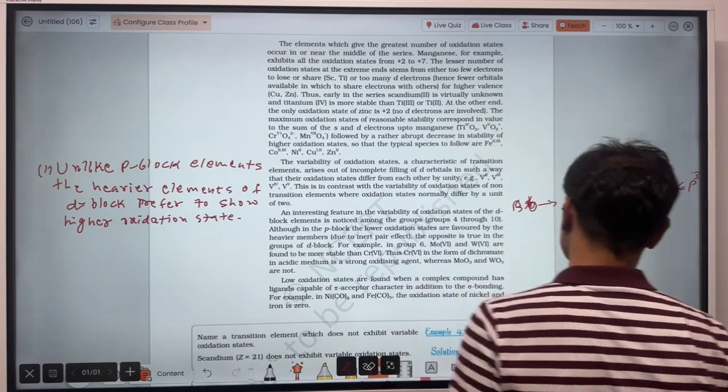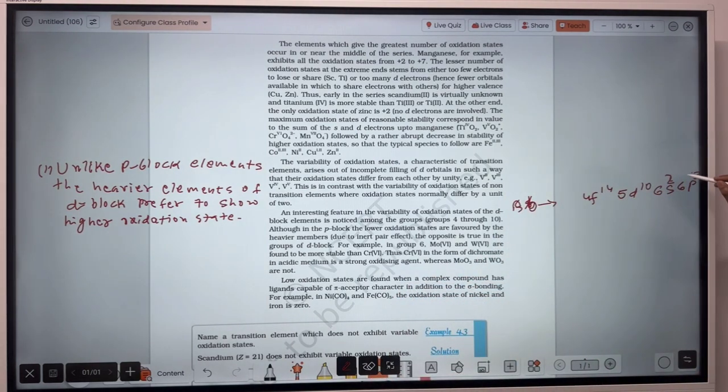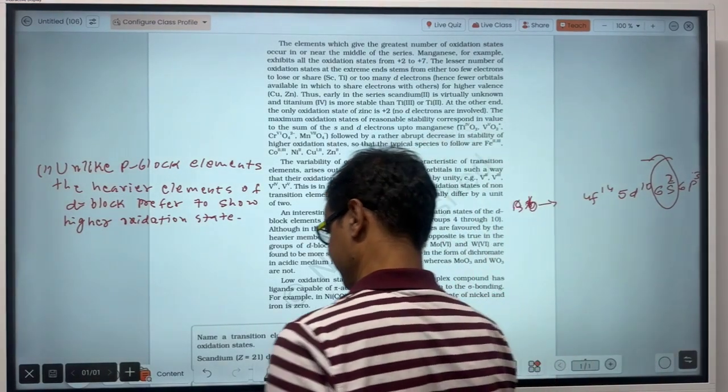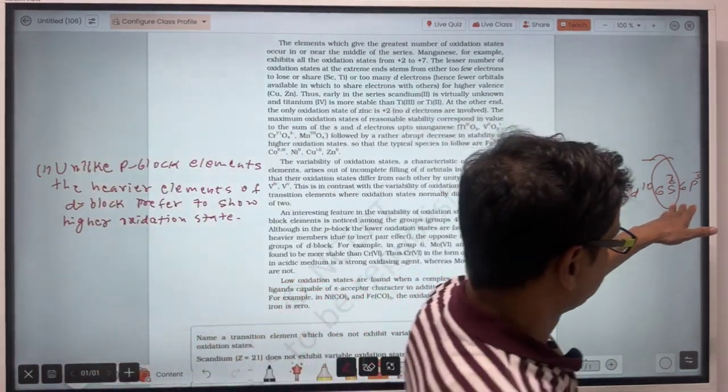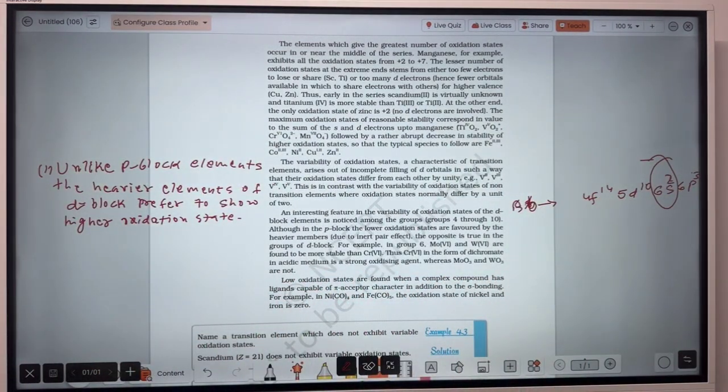So what happened here? In this case, the outermost electrons will be tightly bonded to the nucleus of antimony.